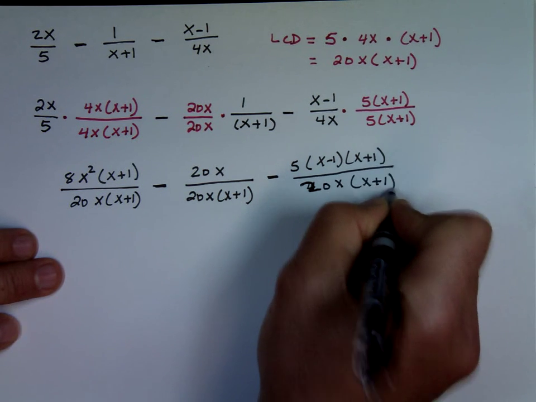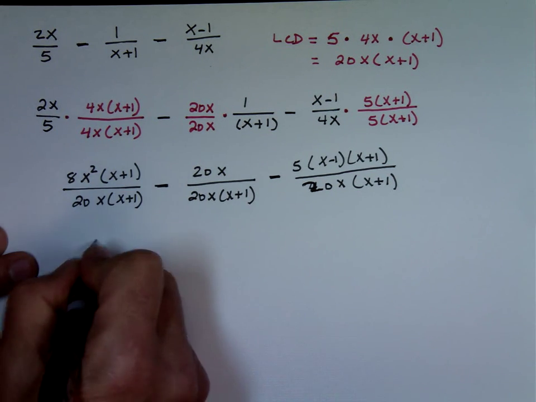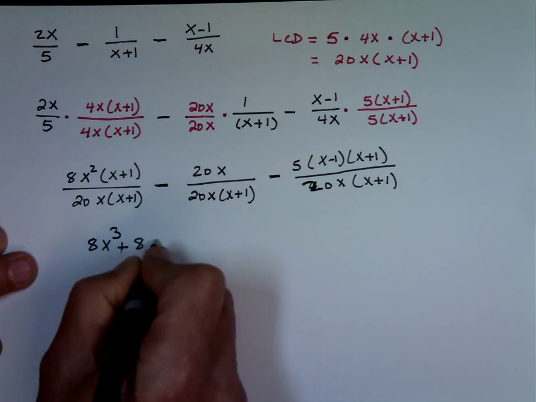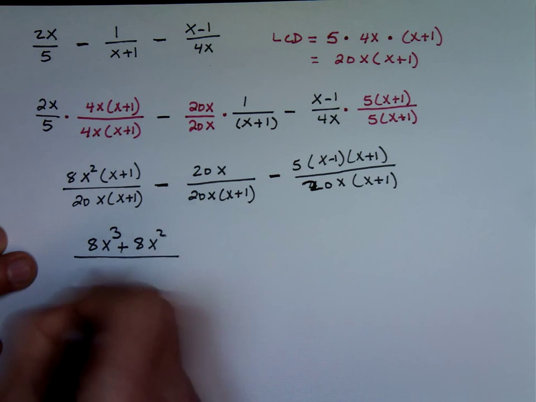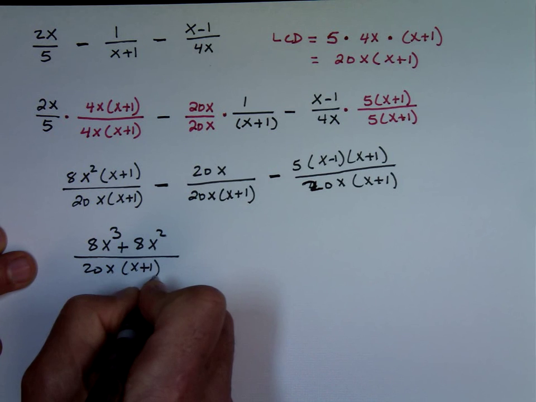And we can clean it even more. That's 8x squared times x. That's 8x to the third plus 8x squared. I can't simplify that. That's 20x.